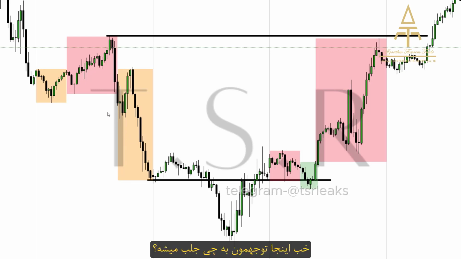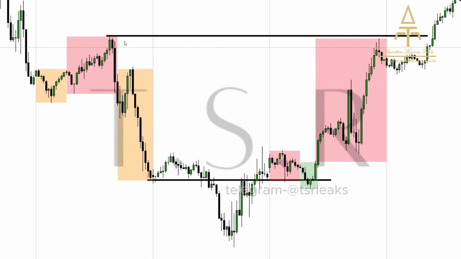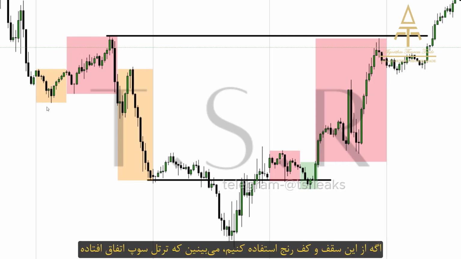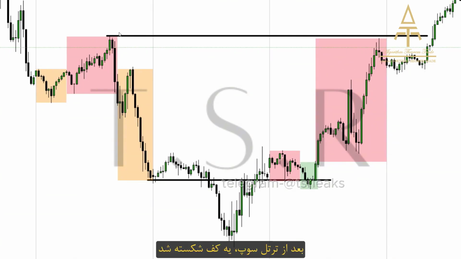Now, what do you notice here? You notice the turtle soup, range high, turtle souped. So if we use this range high and low, you can see turtle soup. After we turtle soup, we broke a low.